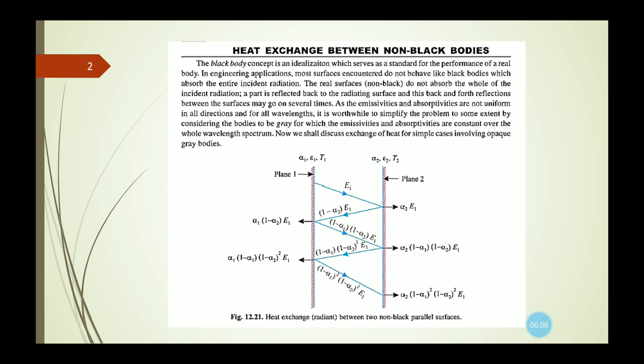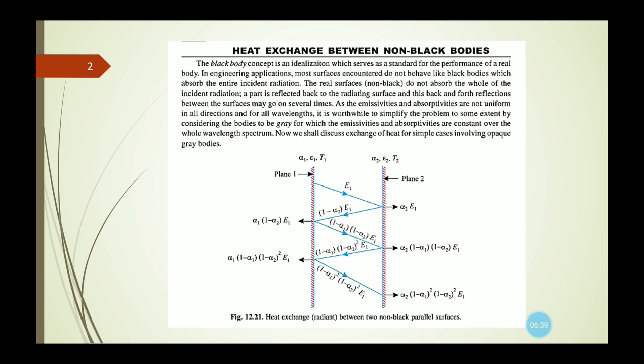The rest of the radiant energy, 1 minus alpha 2 multiplied by E1, is the remainder, which is reflected back to surface 1. Of this remainder, 1 minus alpha 2 into E1, again a part will be absorbed by the surface. That part is alpha 1 multiplied by 1 minus alpha 2 into E1.